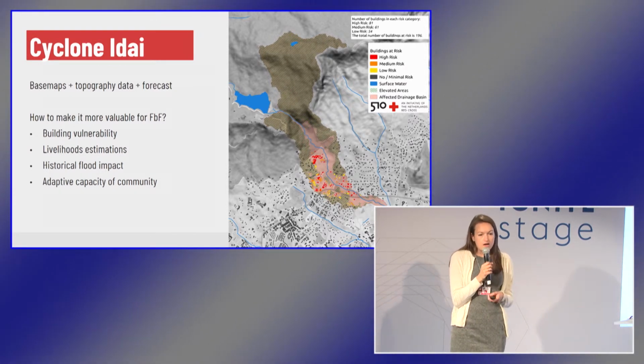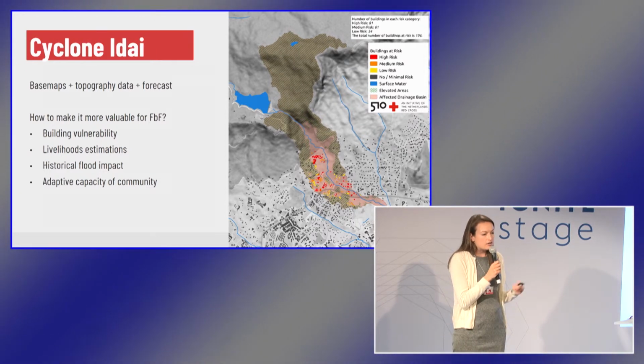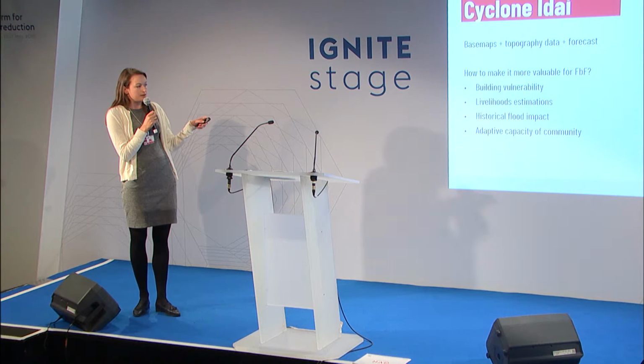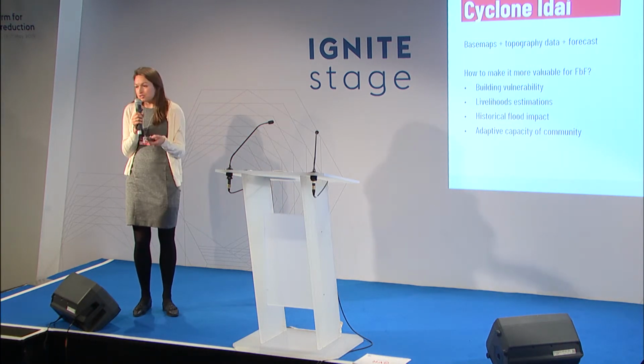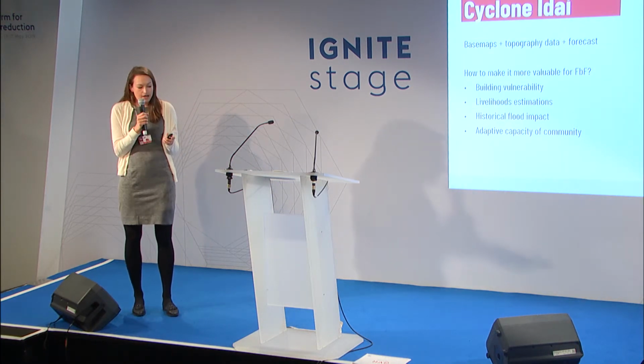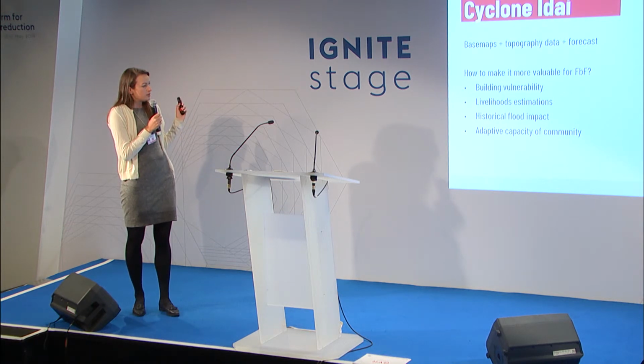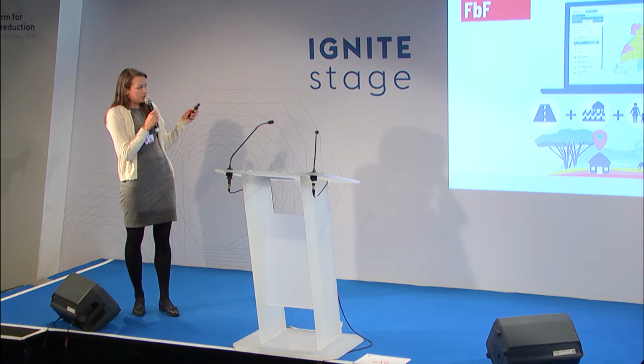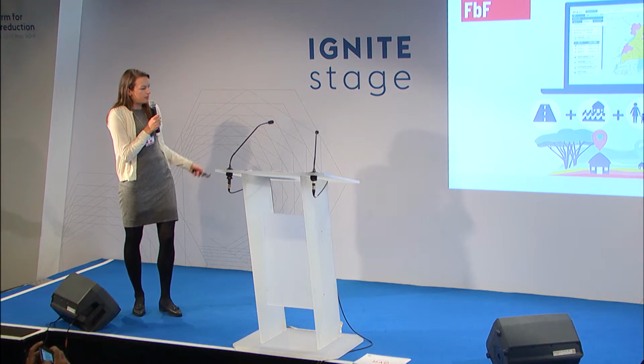If people have farms, how much livestock is there, how many crops are there, how can we actually estimate what this means to them. Historical flood impact and adaptive capacity as well, to make this something that could really give you all the tools you would need to do something like FBF. This is just a little visual of that.